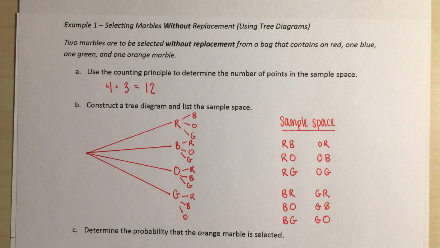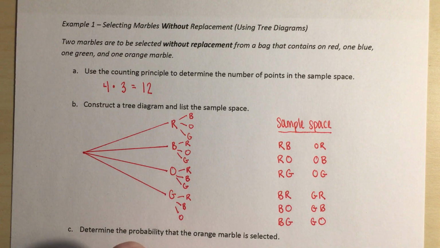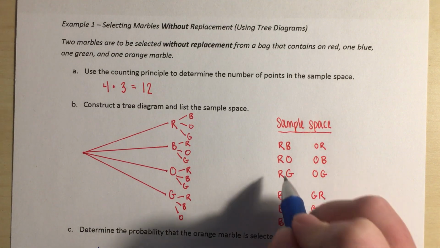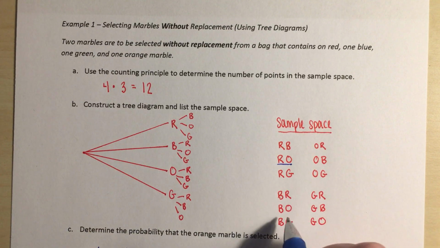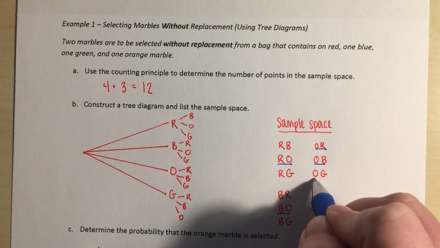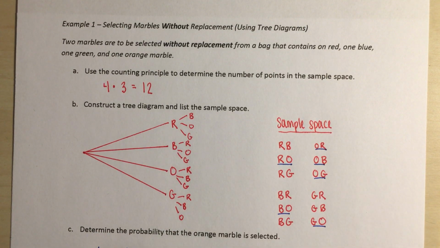So our probability of selecting an orange. In our sample space, we have an orange selected in this case. In this case, all of these have an orange, and then we have one down here.